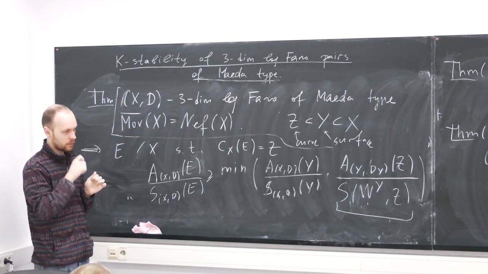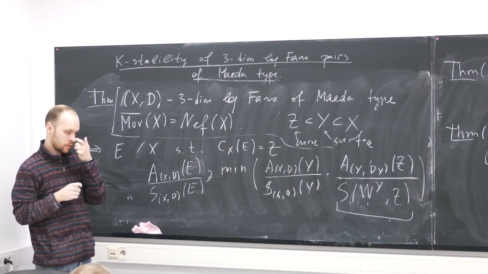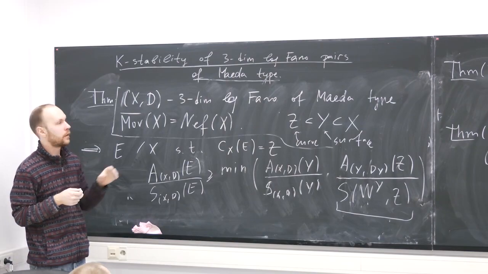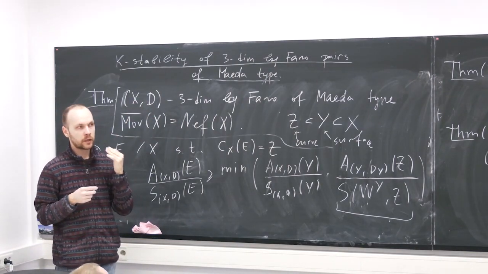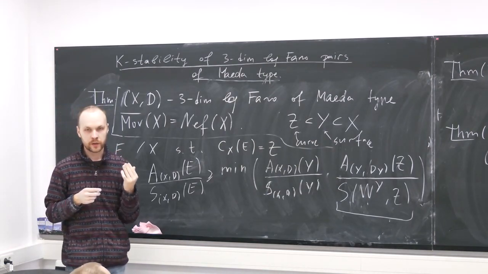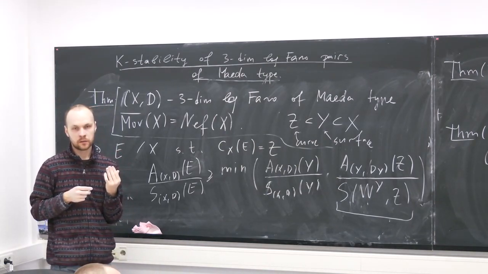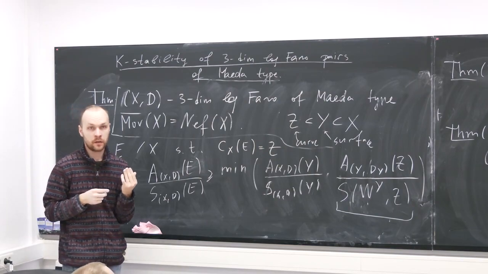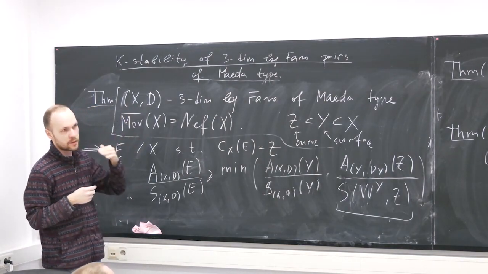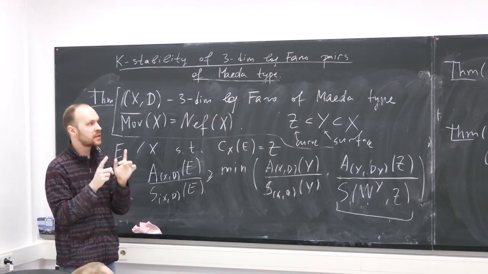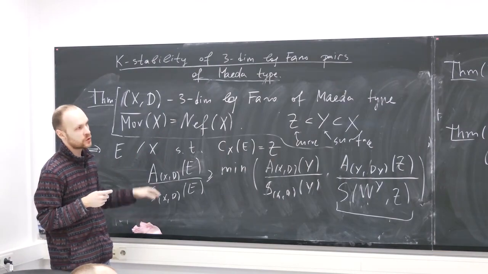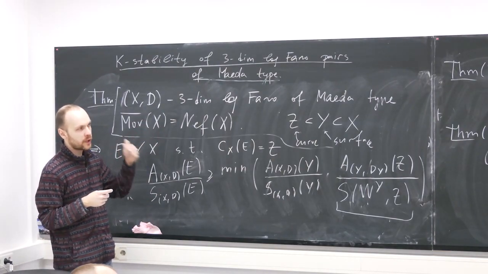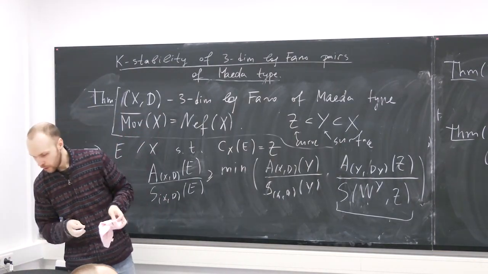No, as far as I understand, this is not automatic, because such pairs can admit small contractions. Basically means no flops. Yes, for Fano this is automatic, but for log Fano there is a difference between these two cones. But for all the cases that are interesting for me, this holds.